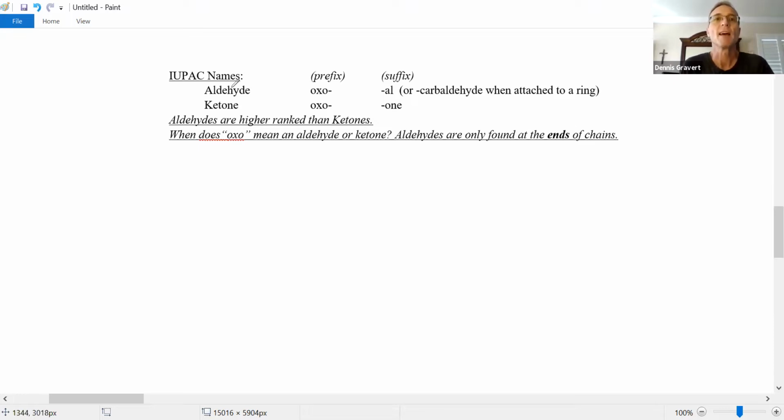Cool, so what have we got? Aldehydes. They look like this, or, you know, it could look like that, same thing. Ketones. They look like this. Okay, so if you have a molecule that you have to name and it has an aldehyde in it, and if the aldehyde is the most important group, use the -al suffix, short for aldehyde.